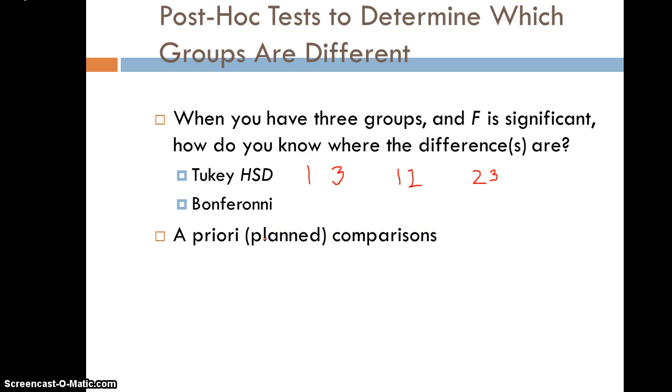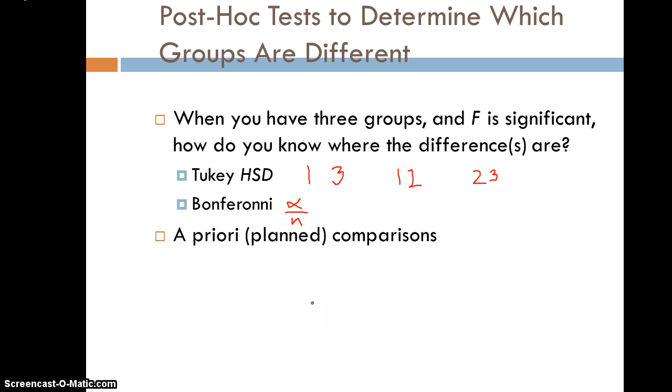Another way that we could control our type 1 error rate is called the Bonferroni test. In this case, we take our decided upon alpha level and divide it by the number of comparisons that we decide to make. It's very simple.